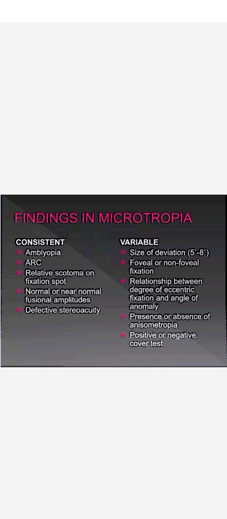Variable are size of deviation, 5 to 8 degrees, foveal and non-foveal fixation, relationship between degree of eccentric fixation and angle of anomaly, presence or absence of anisometropia, and positive or negative cover test. Diagnose macular scotoma with Bagolini glasses or the 4 prism diopter test. Presence of amblyopia and associated refractive error should be detected.